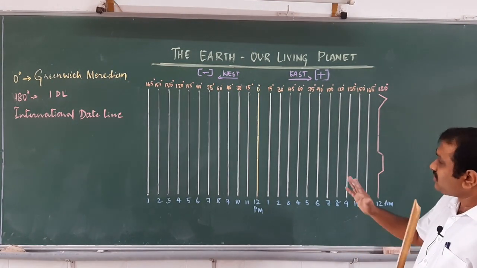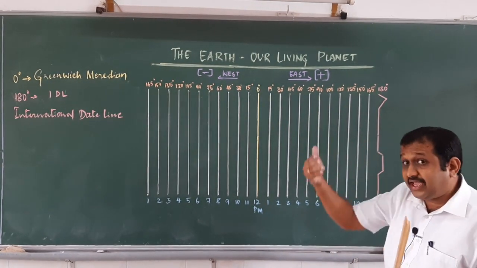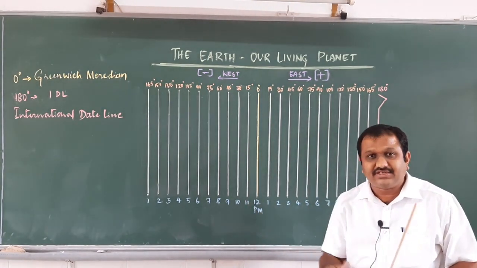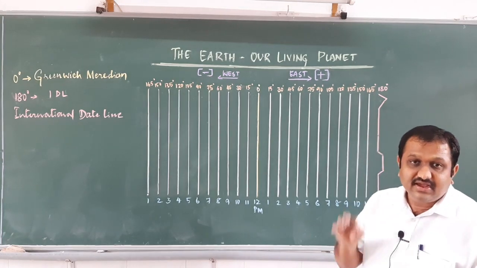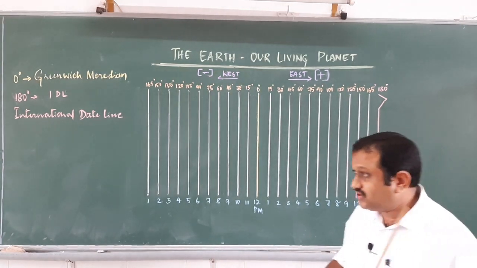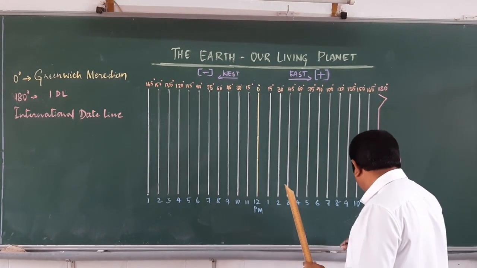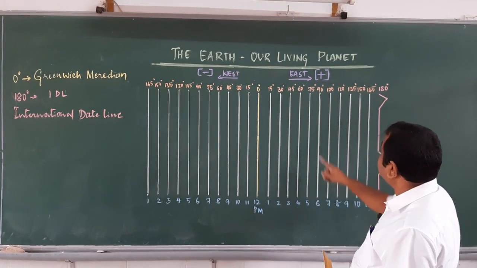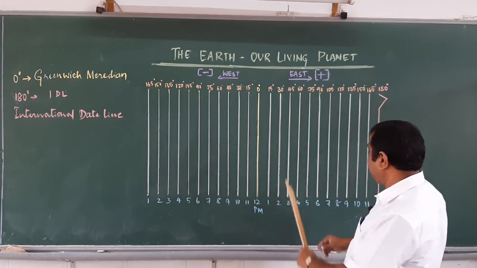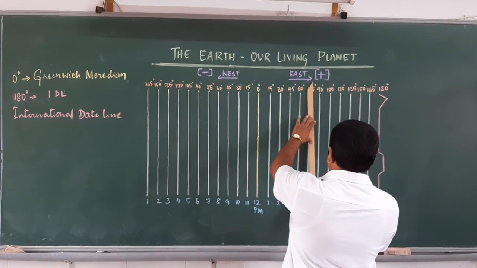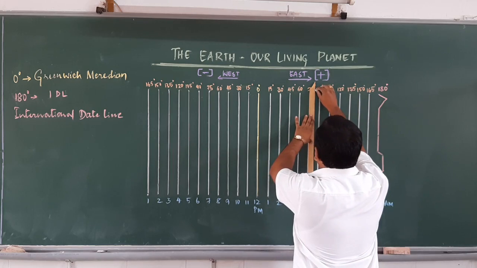Here it is. From 0 degree, if you take Indian Standard Time, just a few minutes back we had a discussion on Indian Standard Time. What is Indian Standard Time? 82.5 degree east longitude, isn't it? Now see here, if I consider this as 82.5 degree east, somewhere in between 75 degree and 90 degree we can expect this 82.5 degree east.